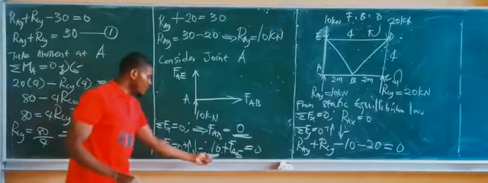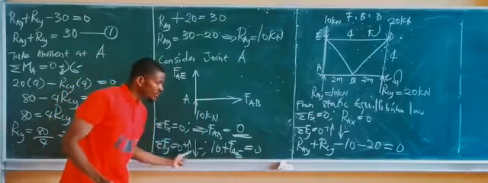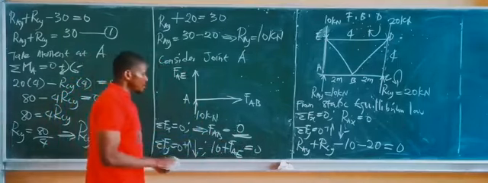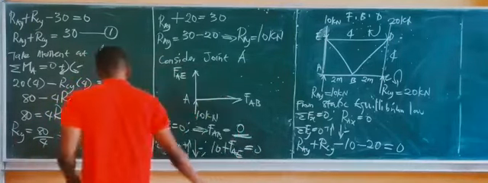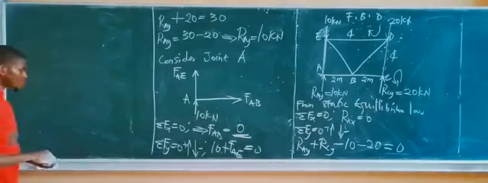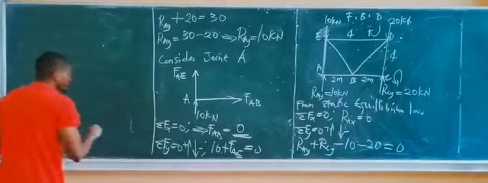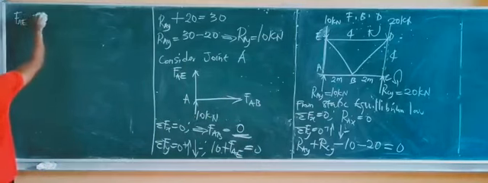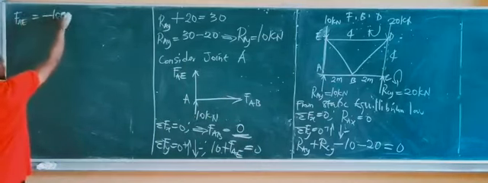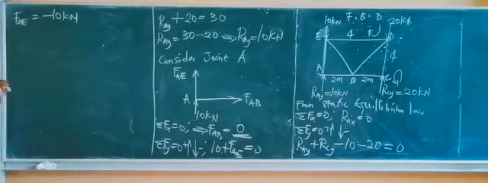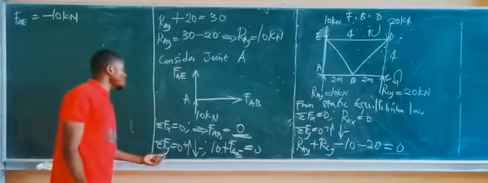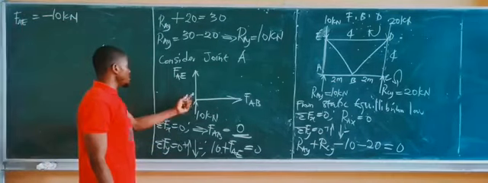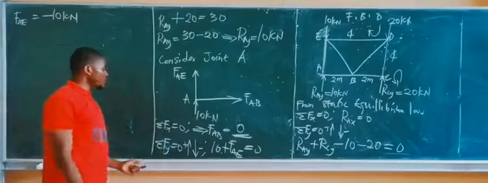So to make FAE the subject, simply send plus 10 over to the other side of the equation. FAE is now equal to minus 10 kilonewtons. We assumed tension for the force at joint A related to E, and we are obtaining a negative sign.